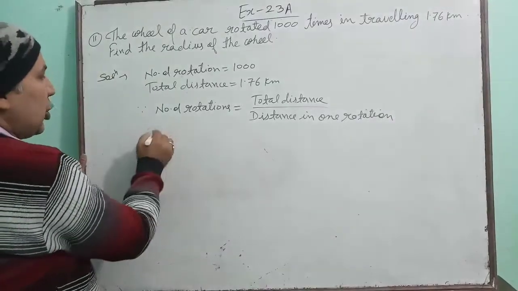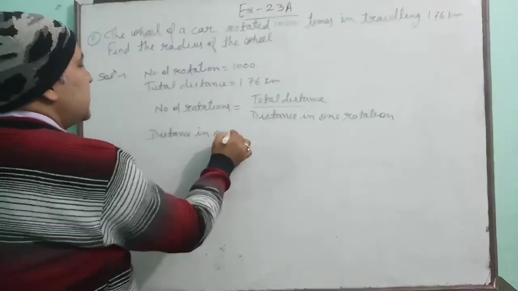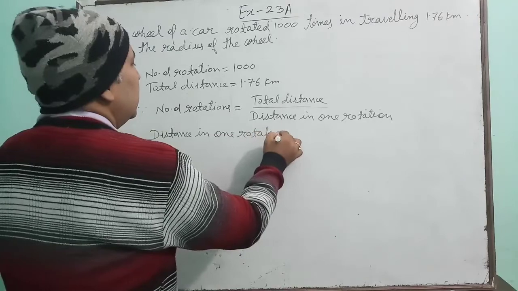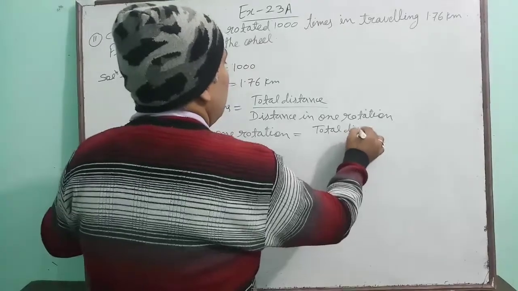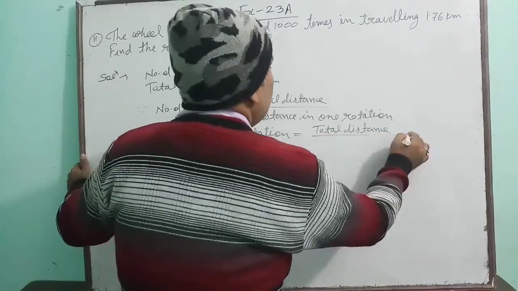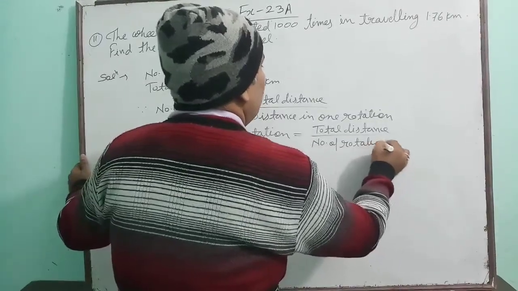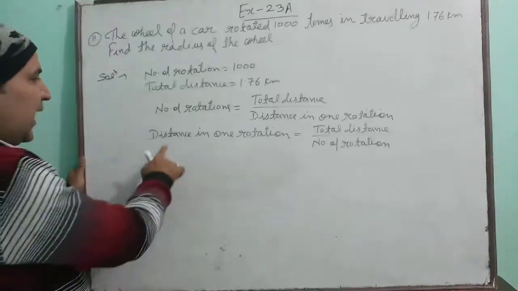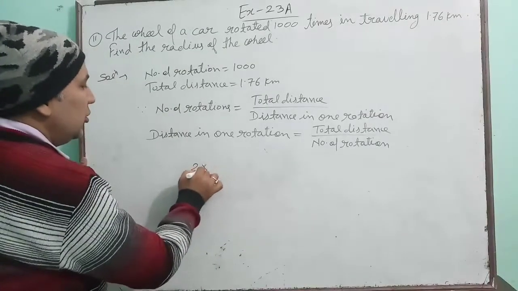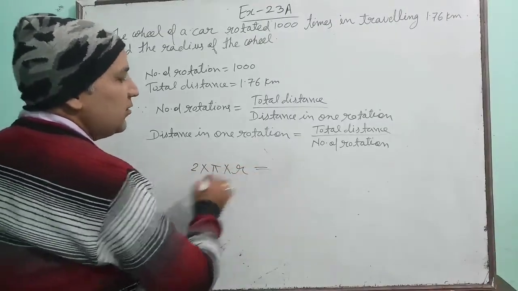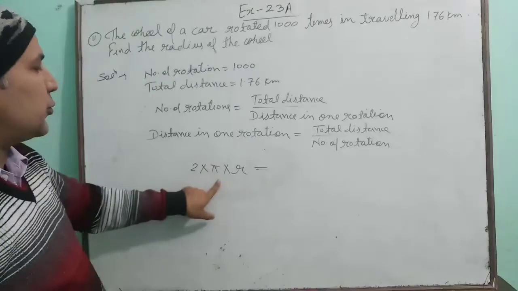It means by cross multiplication you can see that distance in one rotation will be equal to total distance upon number of rotation. This we can do. And distance in one rotation is equal to circumference. Circumference means 2 into pi into r. Is this point understood? Distance in one rotation is equal to 2 into pi into r.